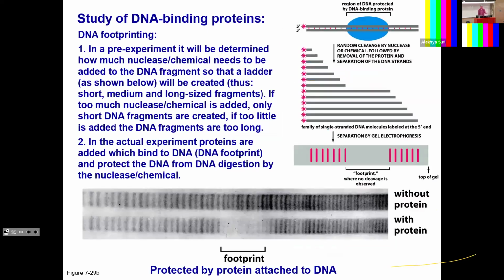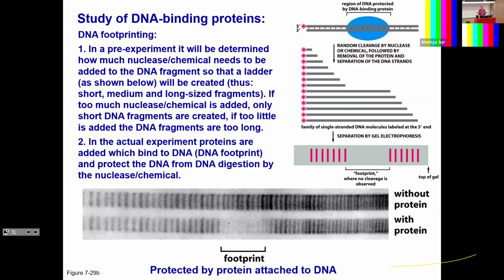So on the left side is what you would do on the experimental level. The first part would be finding the right ratio of DNA fragment and nuclease or chemical agent that would degrade the DNA. If you add too much, you would just degrade the DNA completely.